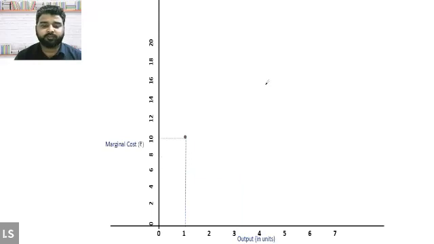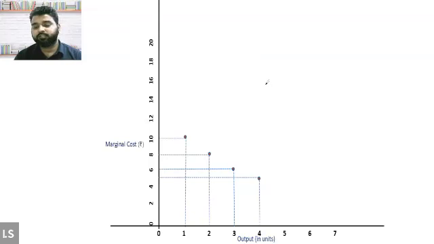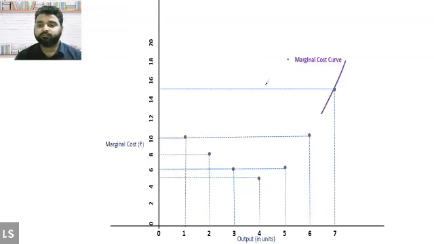So diagrammatically, this is how we can represent it. Let's suppose marginal cost starts from this point at the first unit of output: 10, and at the second unit, it will be 8. At the third unit, obviously it will be less than 8, so 6, then 5. So initially it is decreasing. After the fourth, it starts to increase, right? So this is how the marginal cost curve will be formed.